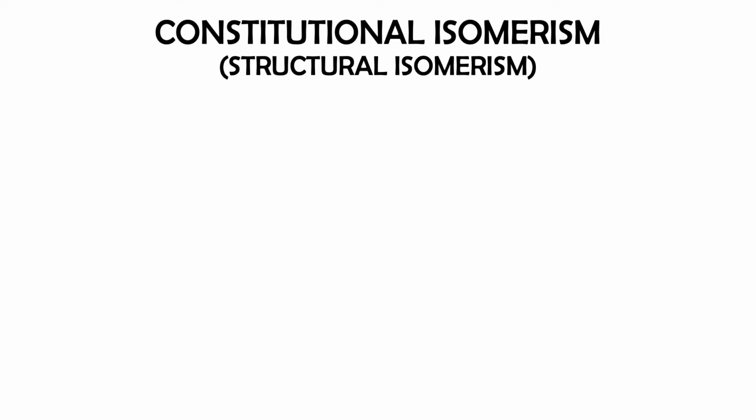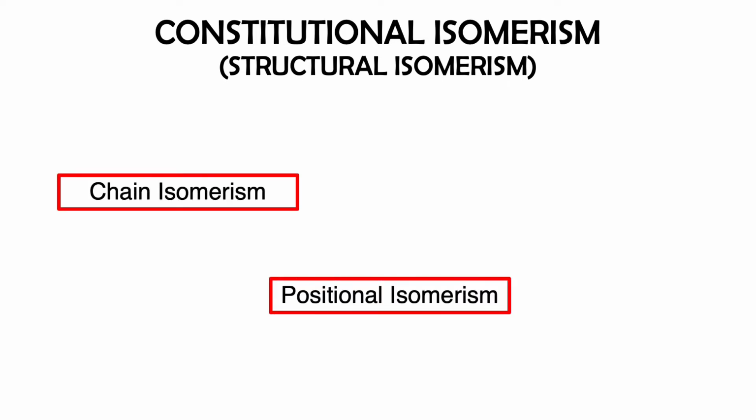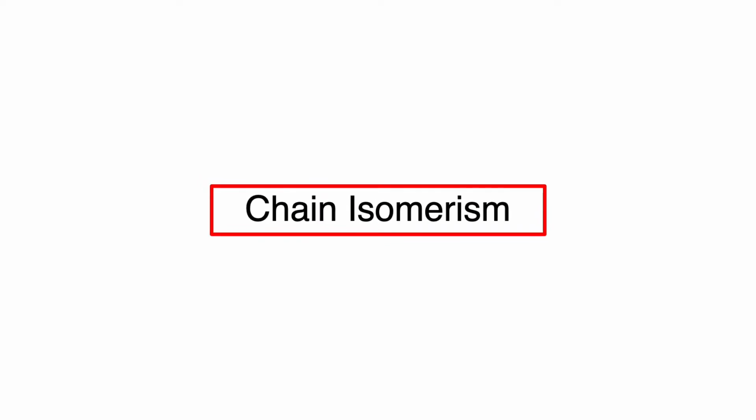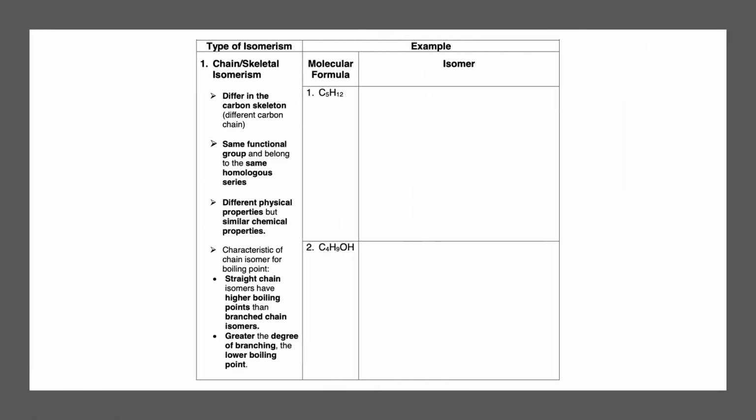All right. So like I told you, constitutional isomerism has three types: chain isomerism, positional isomerism, and functional group isomerism. I will start by explaining chain isomerism. So what is chain isomerism?